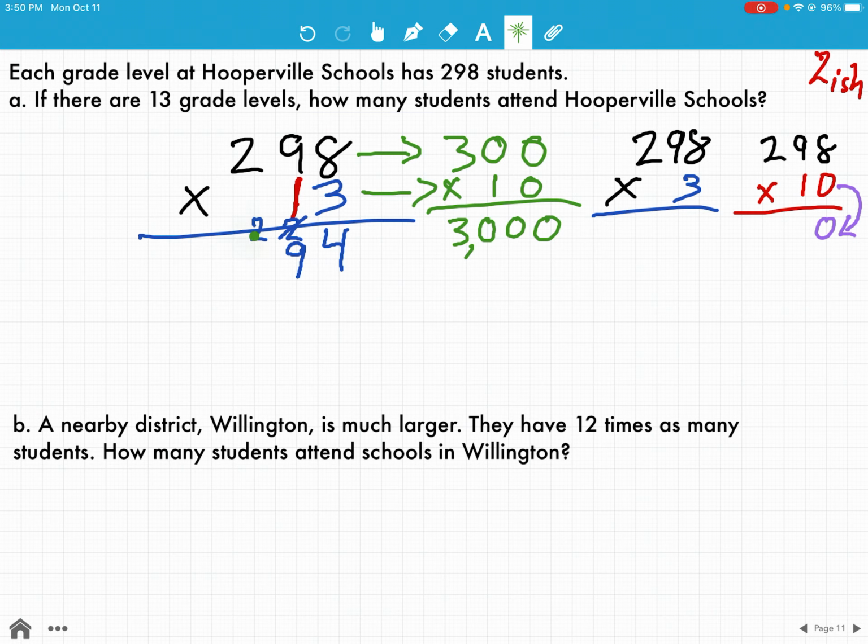So this is 200. So now we have 600, because 200 times 3 equals 600, plus 200 equals 800. So there we have 894. So our partial products that we received was 24, then we had 270, then we have 6,000.